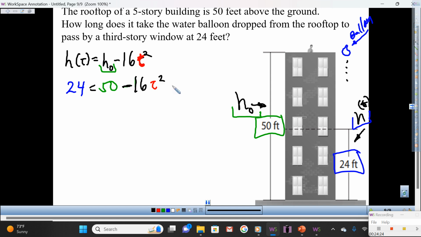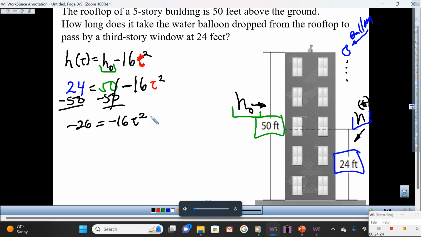All right, so now we have a more robust equation, but I think we can still solve for t by using square roots, yes? So to leave t by itself, what do we do to that 50, everyone? Subtract 50, subtract 50. That leaves us with negative 26 equals negative 16t squared.